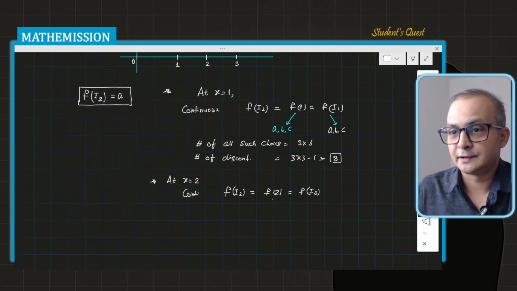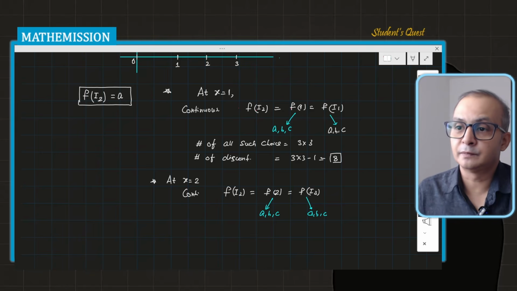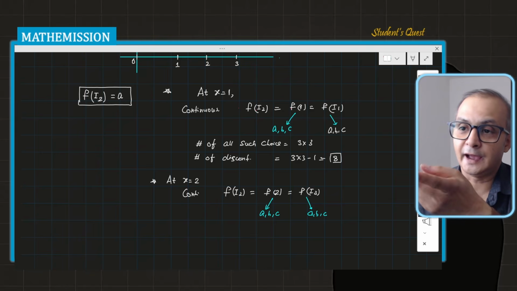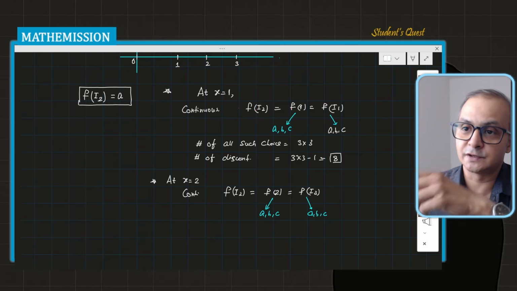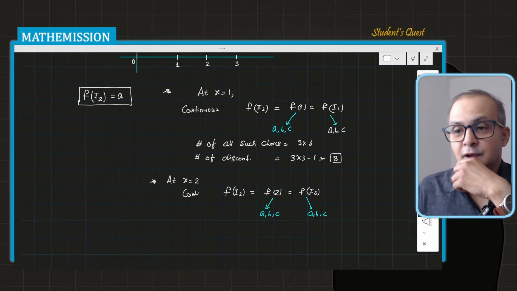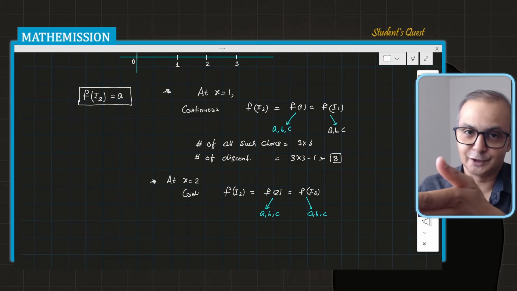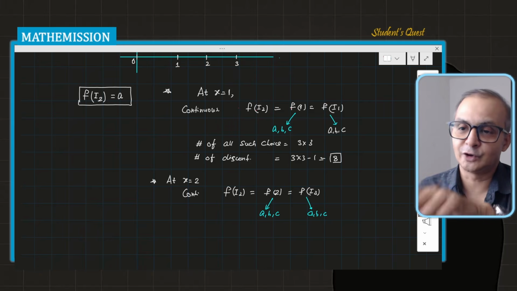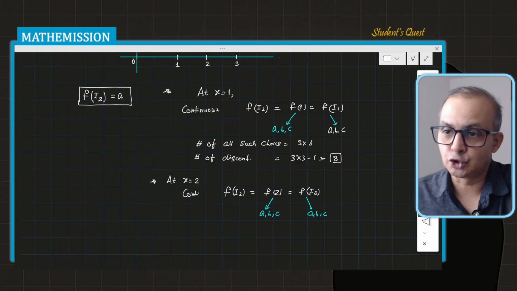Again, this guy f2 has 3 choices, the A, B and C. And this guy has again 3 choices, A, B, C. It means the number of all such choices again will become 3 into 3, and we subtract one such choice in which the function can be continuous at 2, that is 1.